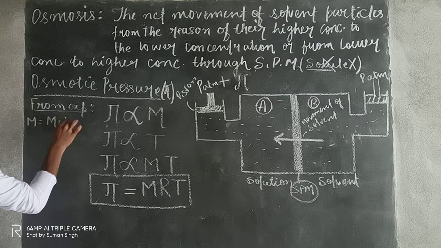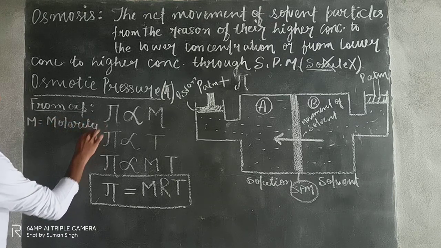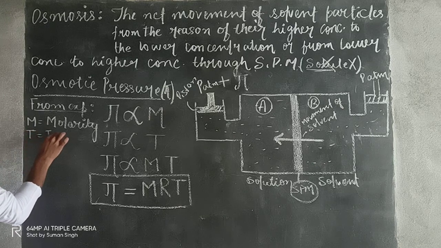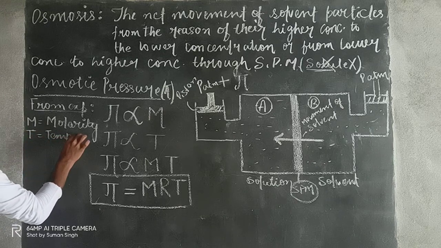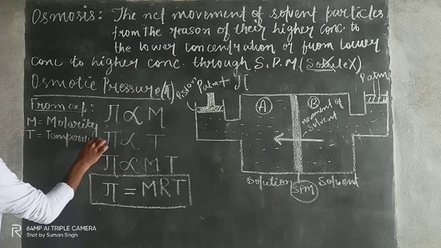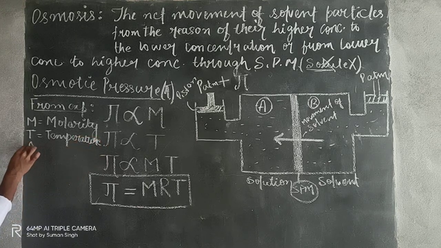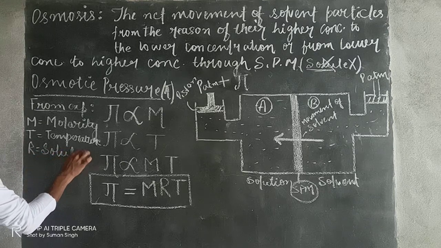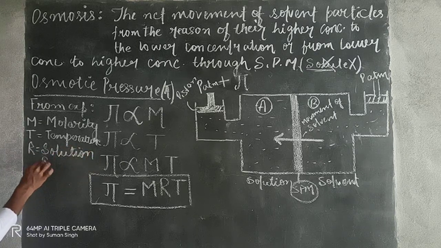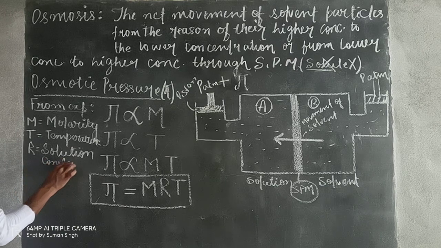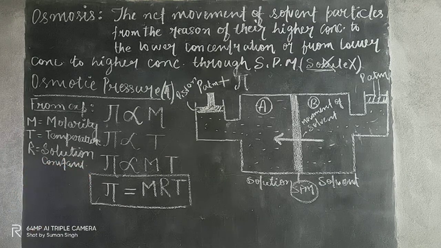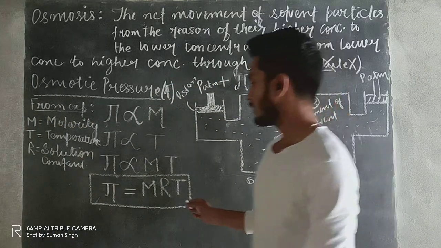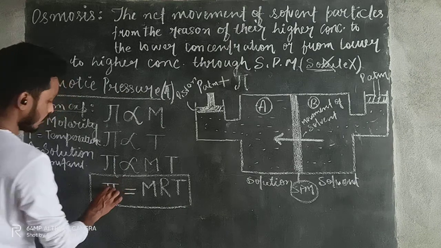Molarity. T is what? Temperature. And this R is what? Solution constant. Okay, so this is the formula of osmotic pressure.